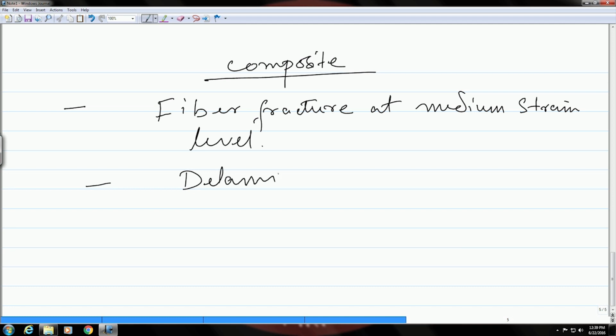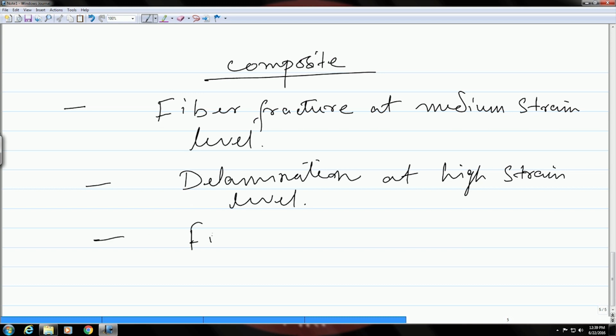Delamination, this is again a type of damage in composite materials which can happen at high strain levels. Then another common phenomenon in composite material when it is loaded is fiber pull out.